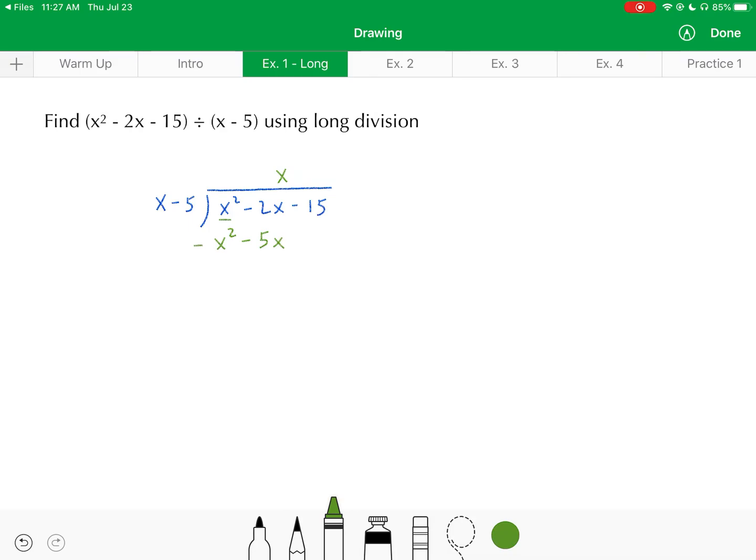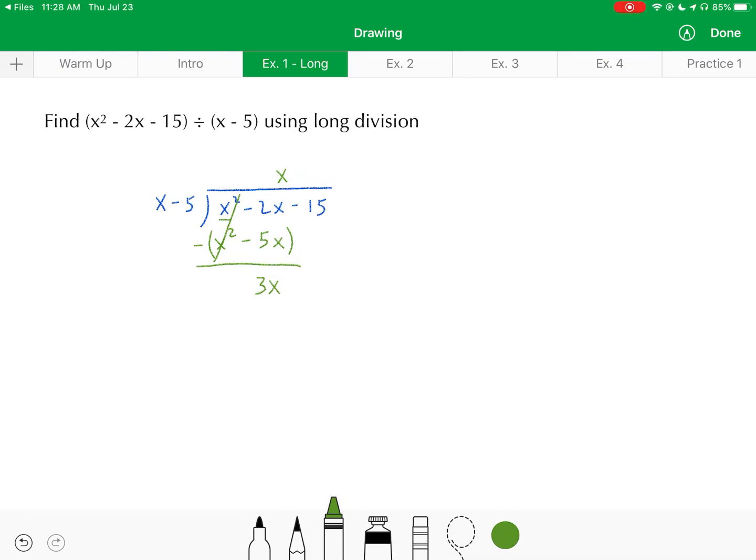Now, since I'm subtracting a binomial, I like to put parentheses around the binomial to show that I need to distribute that negative, okay? So what happens now is the x squareds cancel, that was my goal, and then negative 2x subtracted by negative 5x is 3x. Be very careful about your signs there, okay?